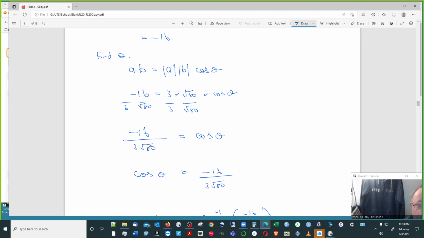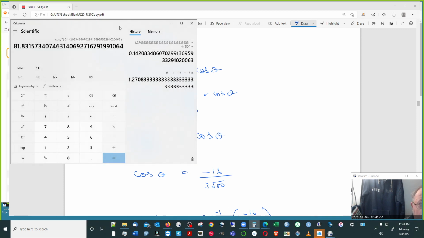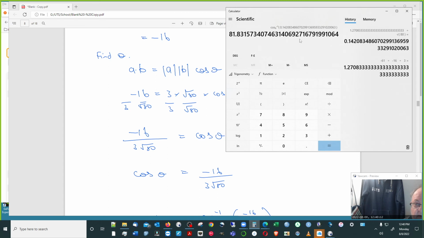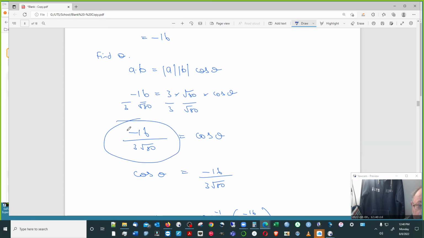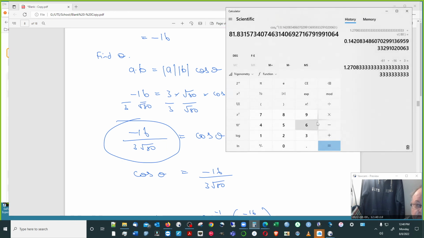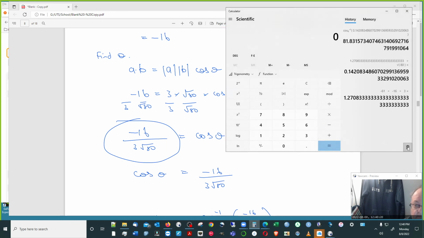Now it's not the cube root of 80, it's 3 times root 80. So minus 16 divided by 3 divided by all that product, however you want to do it. So is that where you think it's different? Is this the same on yours? Yeah, I've got that the same on mine.